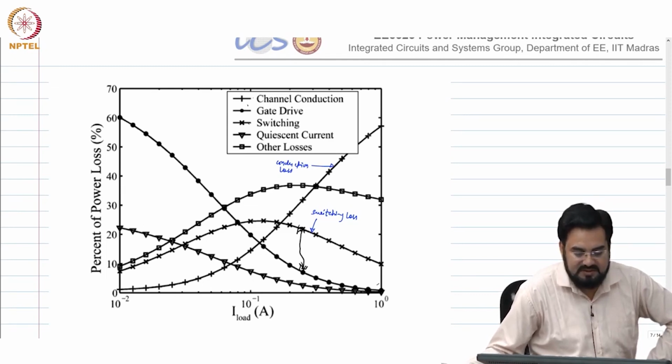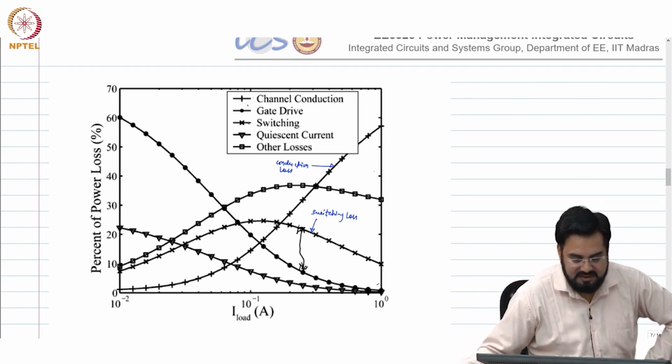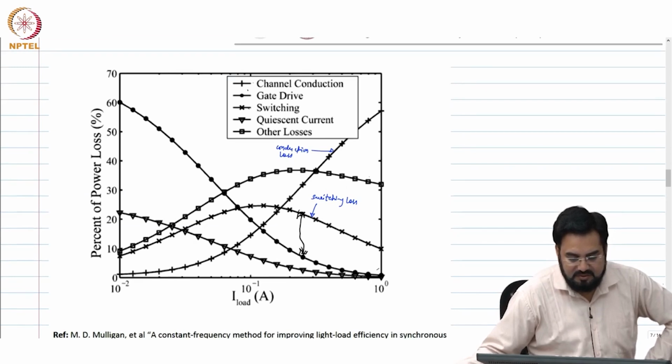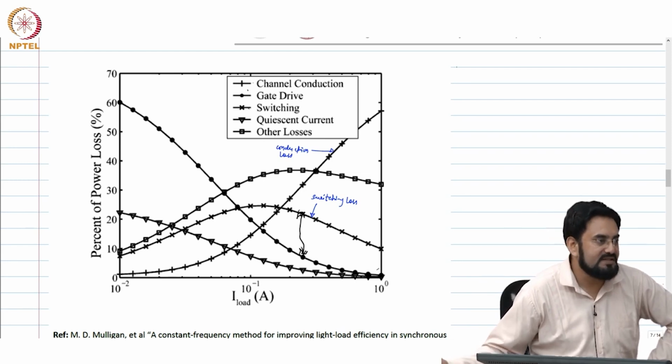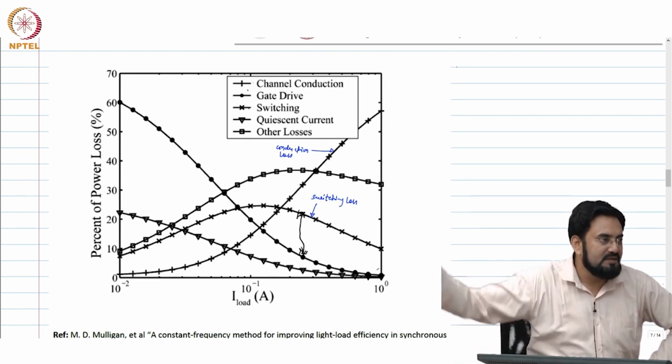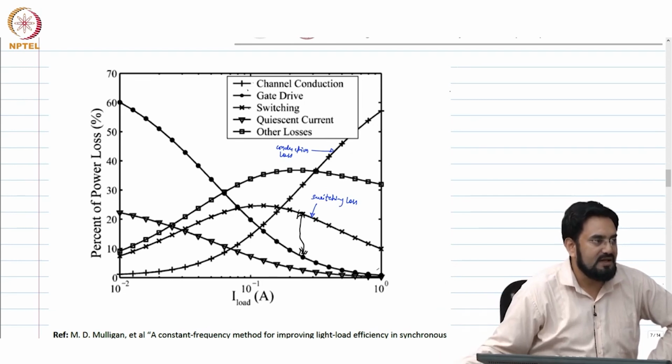If you look at the switching loss, these are other losses that include magnetic loss and all those, which they have not shown separately. If you go to higher load current, you will see this will start reducing, but this will keep increasing, because I is increasing and R is fixed. So, I square R loss will keep increasing at high load.